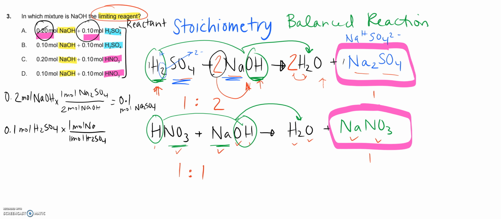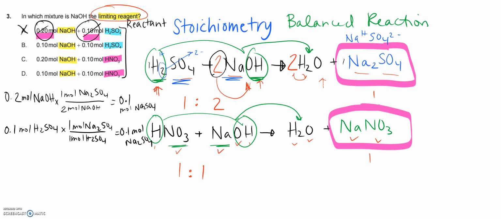Again, I have to have the same product that I'm comparing them to, otherwise I won't get a correct answer. And that is just 0.1 moles of Na2SO4. So both of these give me the same amount, so that is not going to be my answer. They would both be the limiting reagent because they're both limiting the amount of Na2SO4 that we can get out.